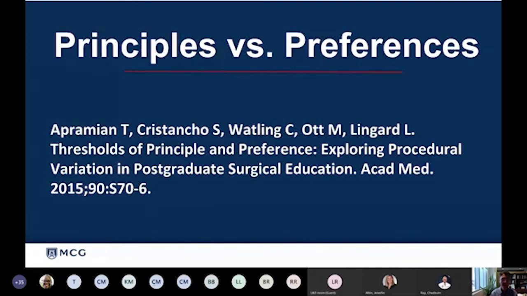And they talked about one of the challenges is trying to figure out when an attending says something, is it a principle or is it a preference? So when they tell you that you need to suture in this way, or that you only do things in this particular order, is that based on the literature and experience and all the attendings would approach that the same way?